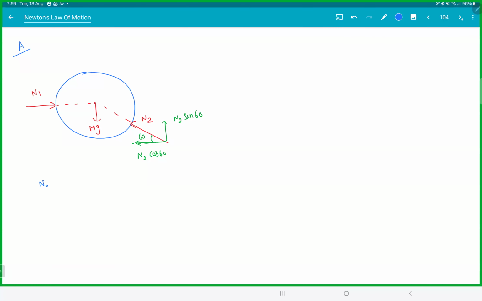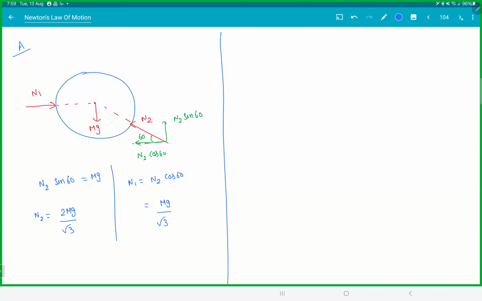So N2 sin 60 is mg. So from here, I'll get N2 is equal to 2mg by root 3. Similarly, N1 is N2 cos 60, but N2 is 2mg by root 3, so N1 is mg by root 3. Brute force, you'll start getting everything if I take 1 on FBD.